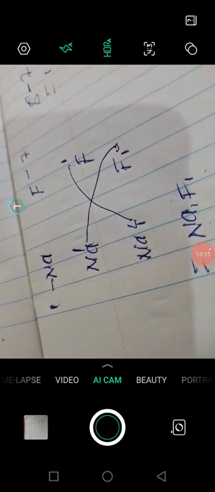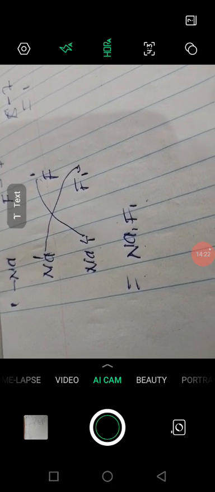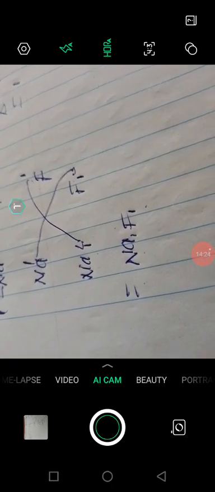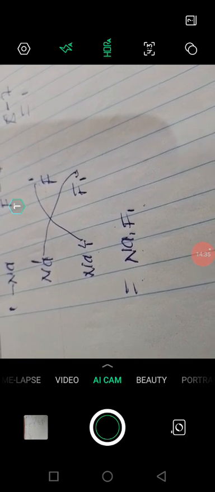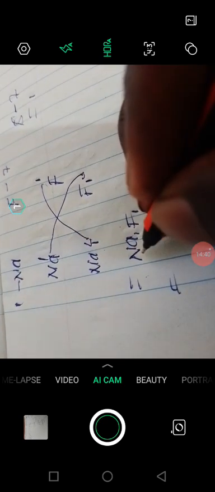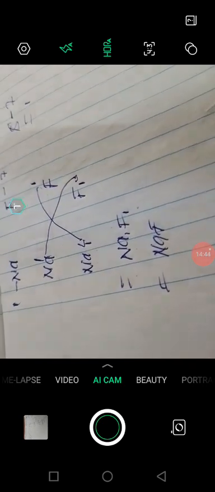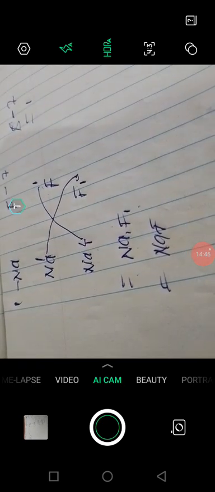I know that 1 is invisible, so I cannot write sodium 1 or fluorine 1, because I would be repeating myself. Our chemical formula is going to be NaF, sodium fluoride.